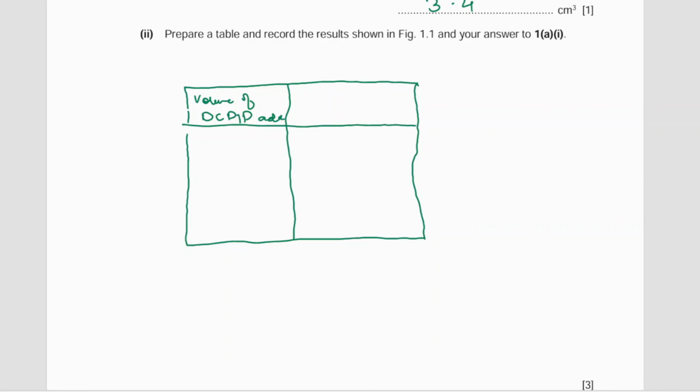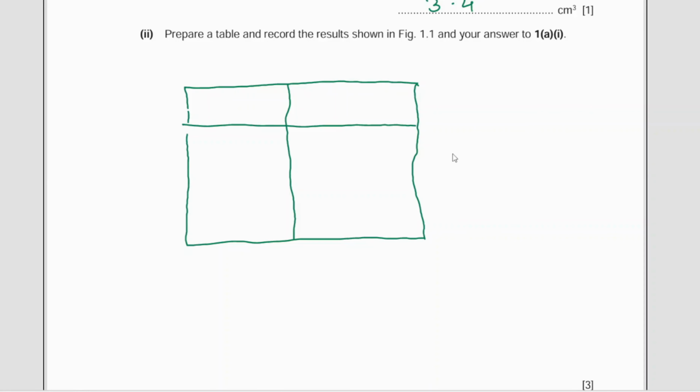I don't know what's the issue with my pen now, it's lagging. Time, and the unit is minute, and volume of DCPIP added, and the unit is cubic centimeter. Okay, the unit should be inside the box.